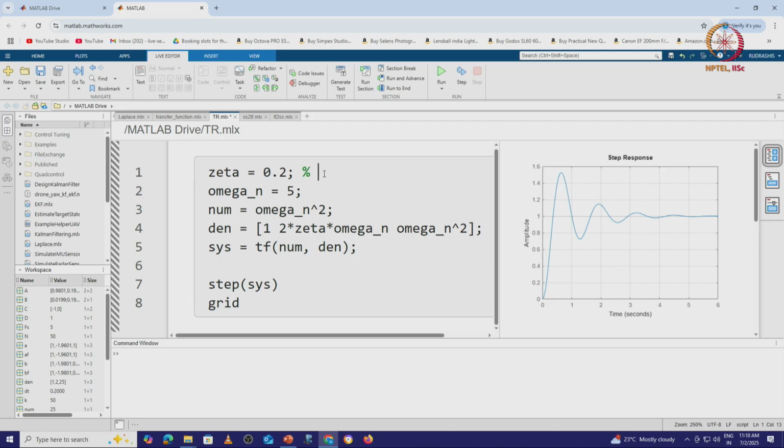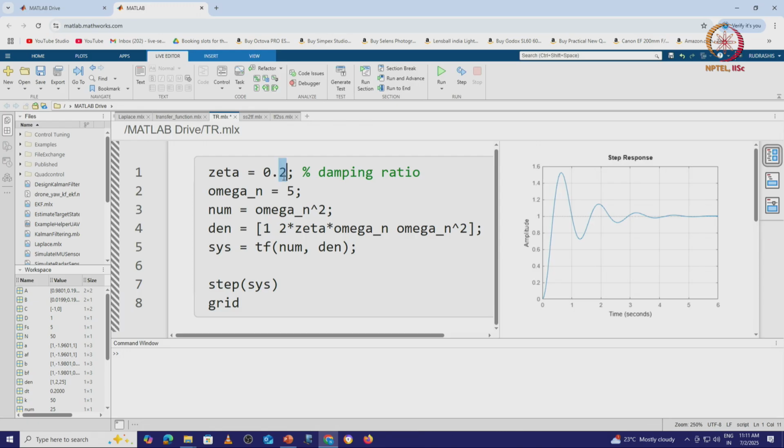Since this is the damping ratio, as we reduce it, we see that the overshoot is getting increased. If the damping ratio is decreased, the rate of decay of the oscillation will also decrease. So we see more oscillations in the system.